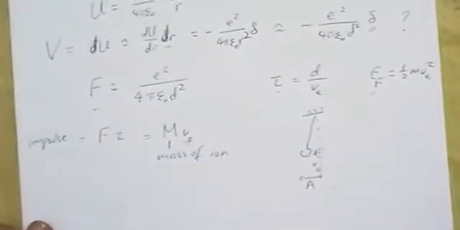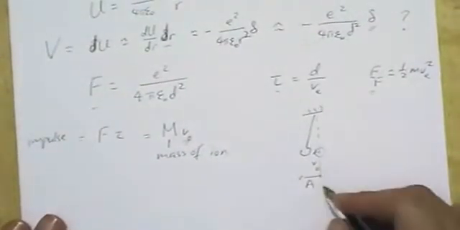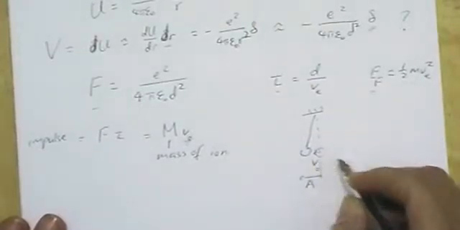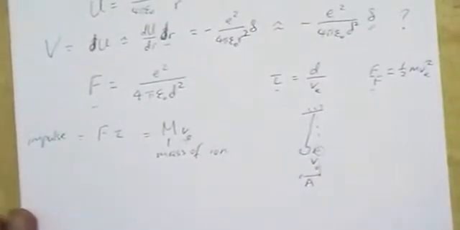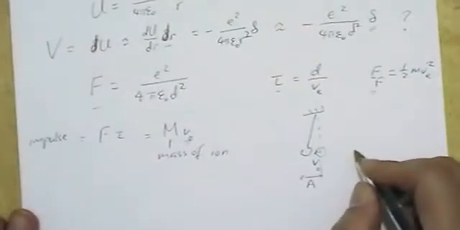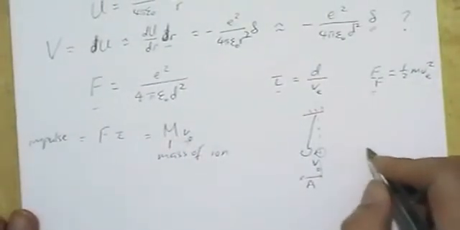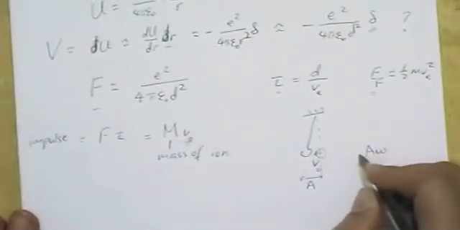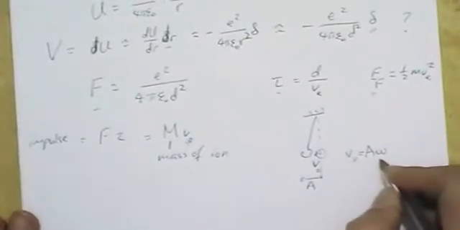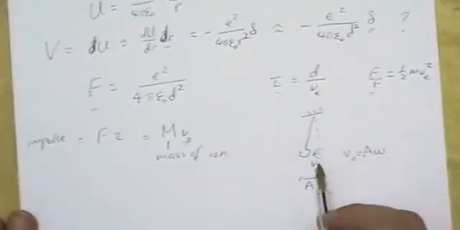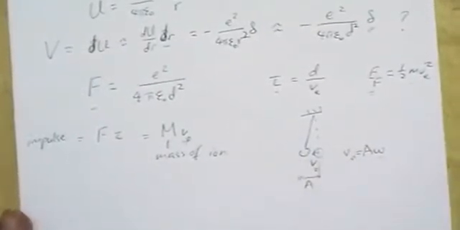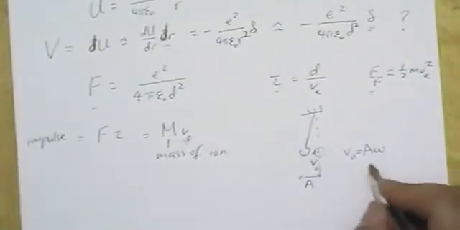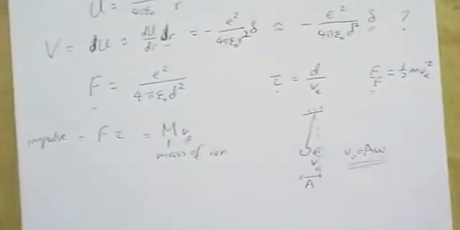Let's say A, the amplitude. So how are the maximum displacement and the starting velocity related? Well, they are related by A times omega equals v naught, where omega is the angular frequency of this oscillation. So that's the simple harmonic motion result.